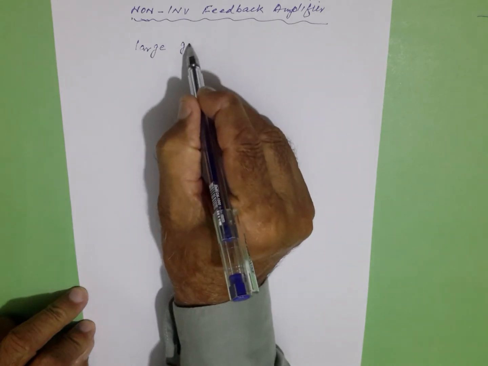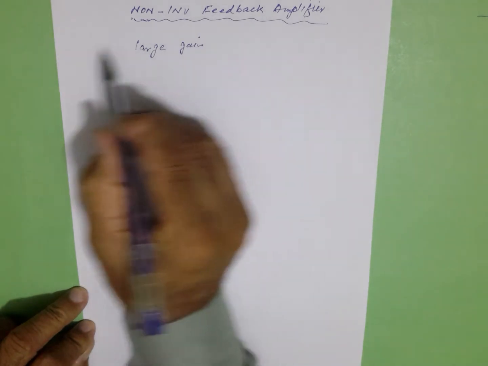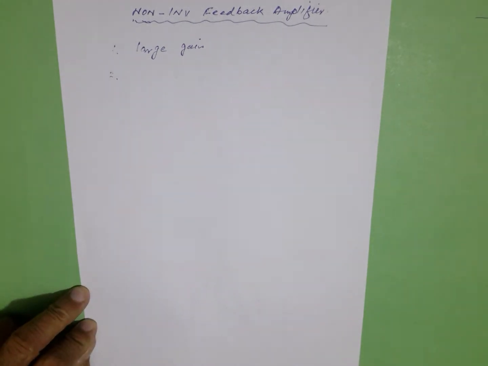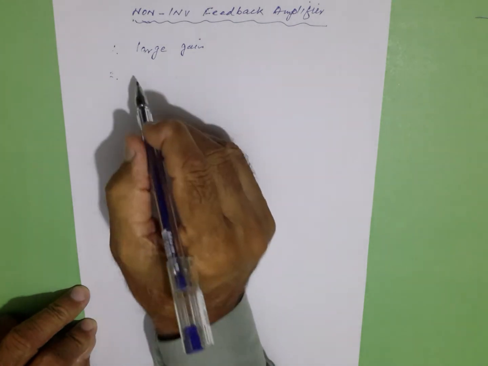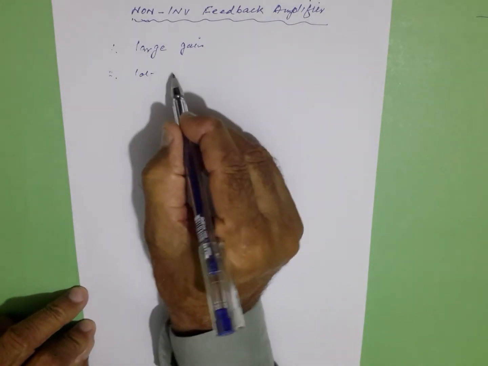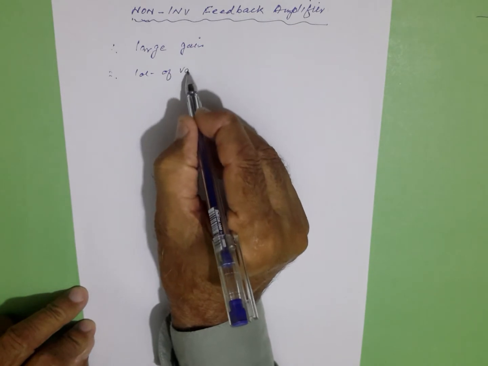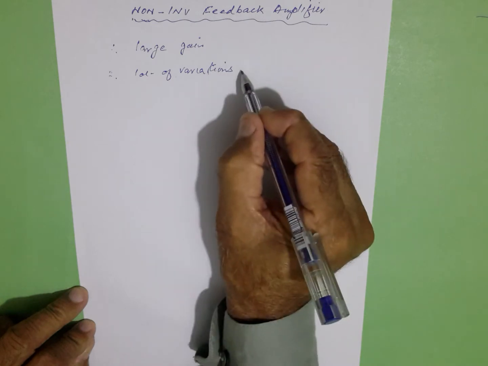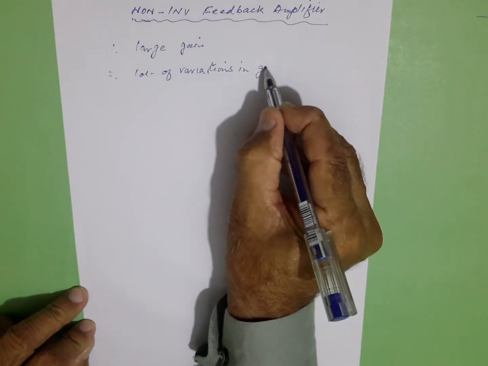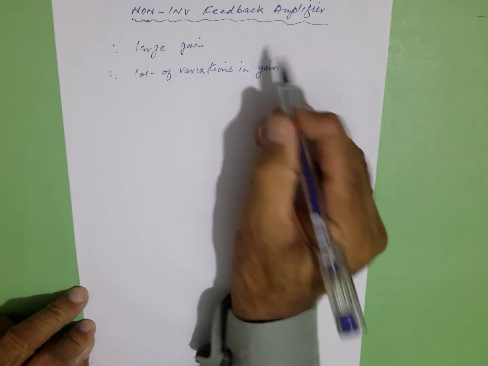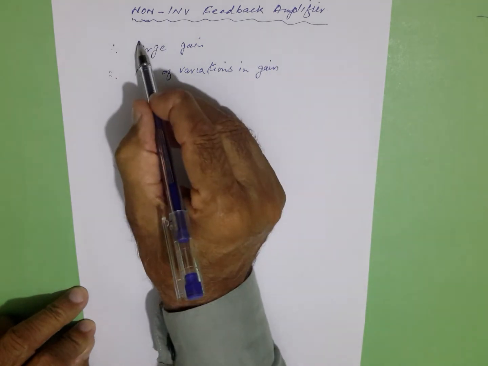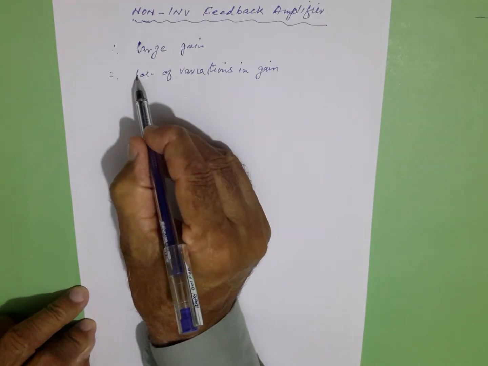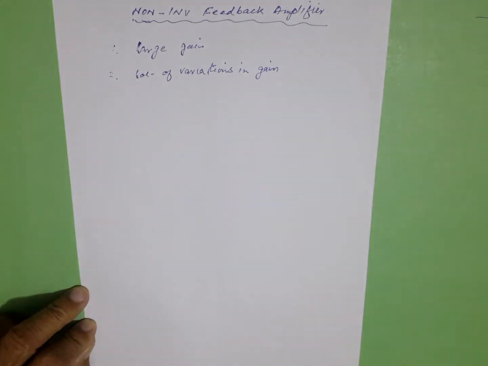That is the advantage of operational amplifier, but at the same time it has a lot of variations in gain. We have the advantage on one hand, but associated with variations in gain.